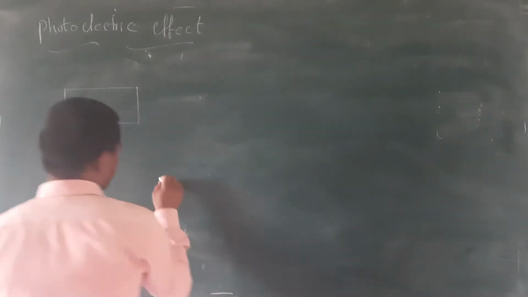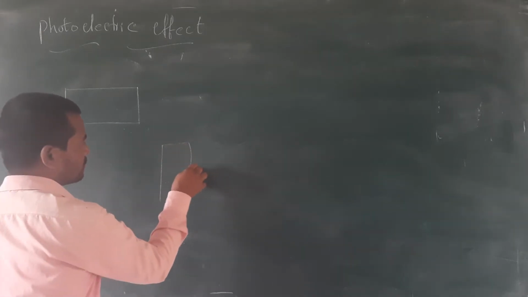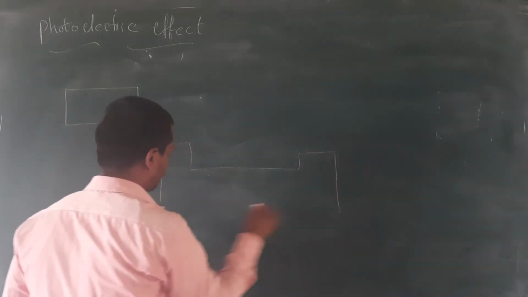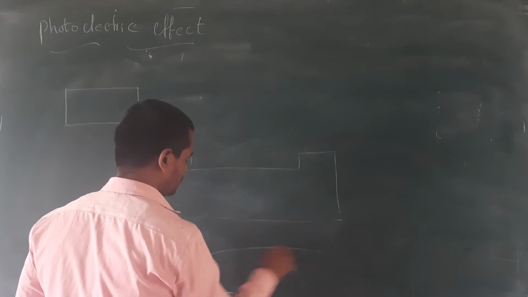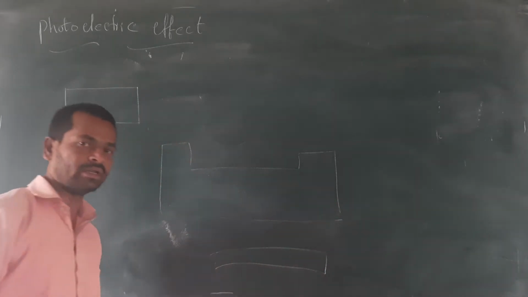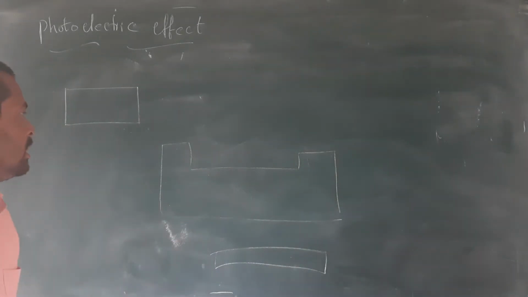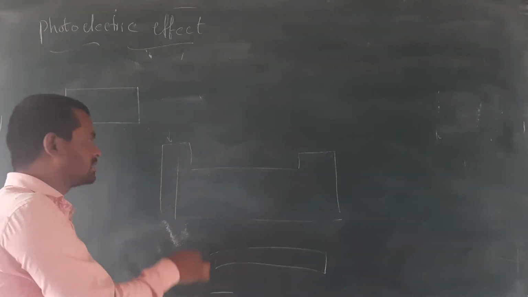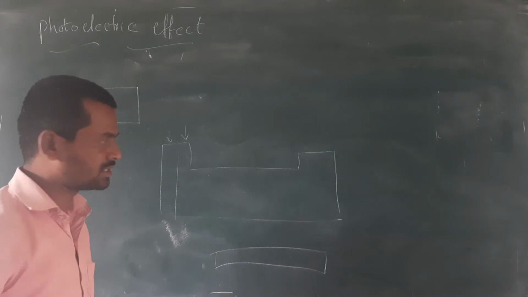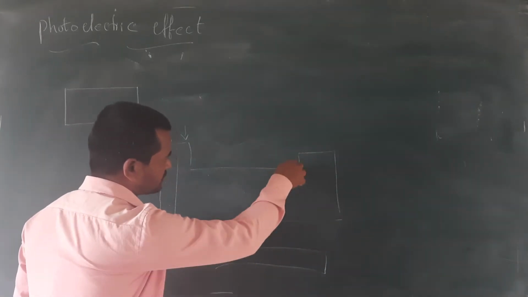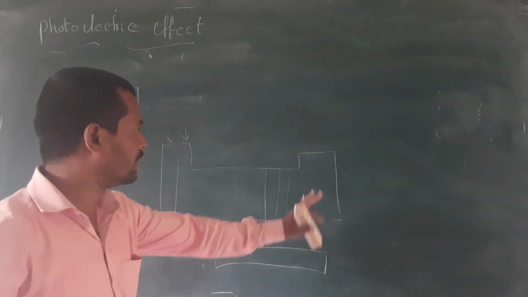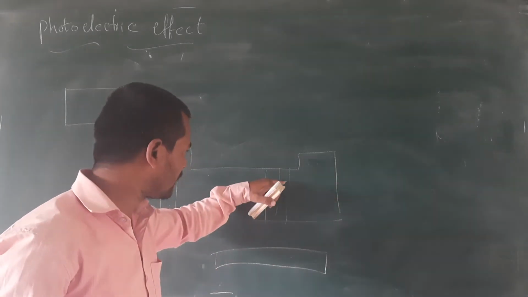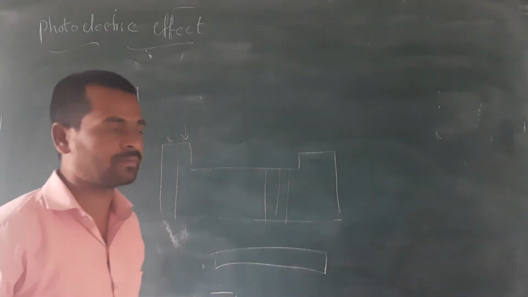If you observe the periodic table, certain metals are present in this group, certain metals at these points also, and on this side non-metals.